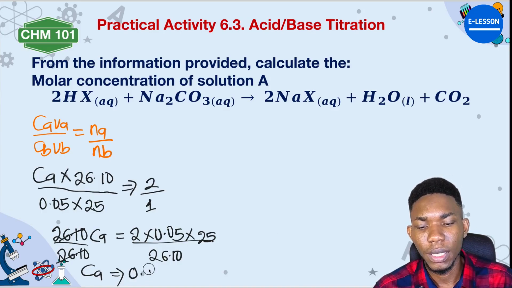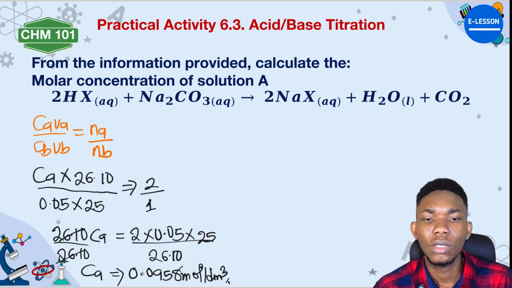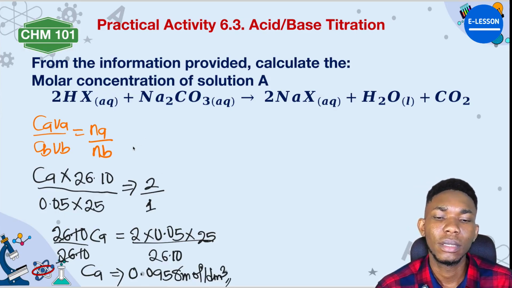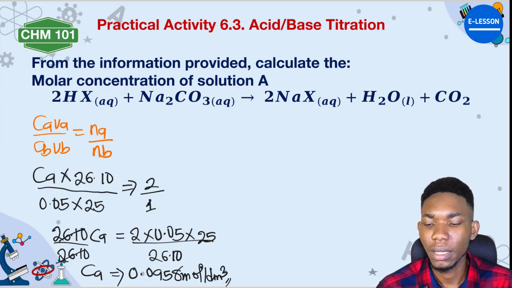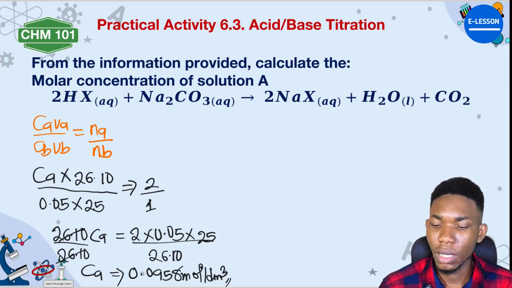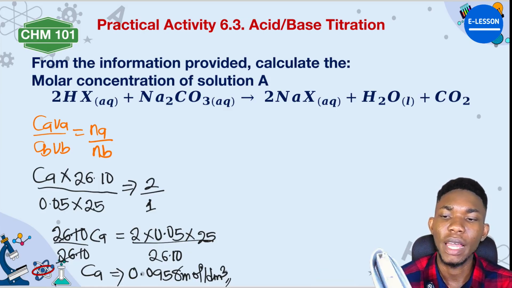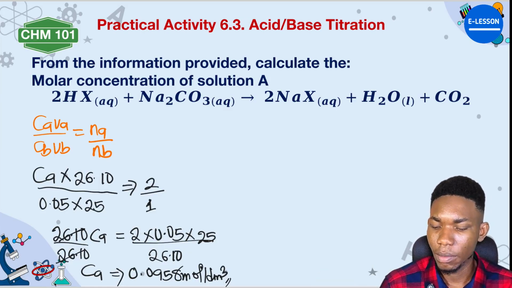That gives us 0.0958 mole per dm cube. So this is our Ca. Is that okay? Concentration of the acid is 0.0958 mole per dm cube.